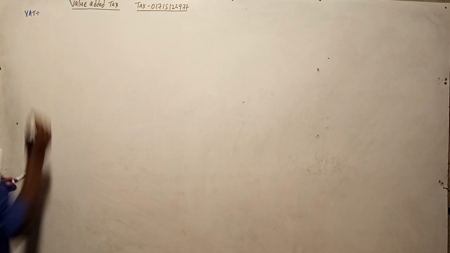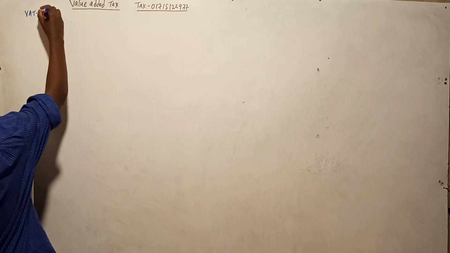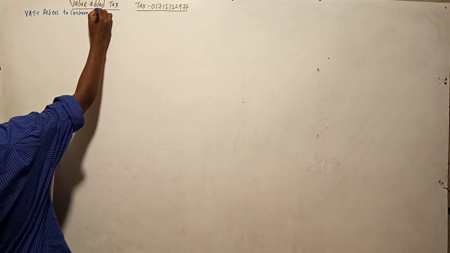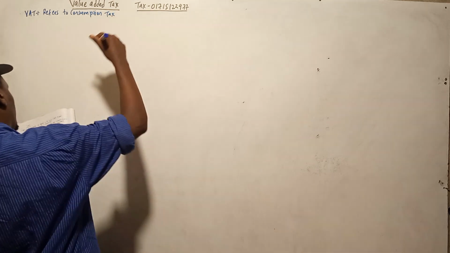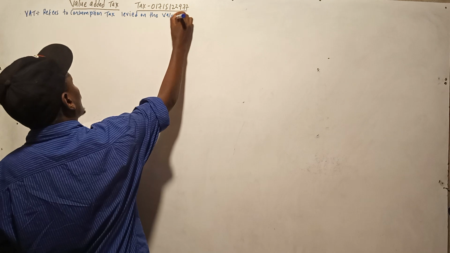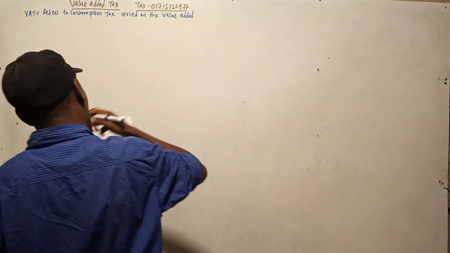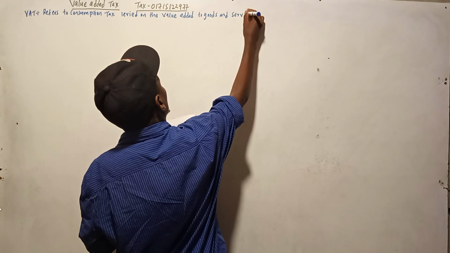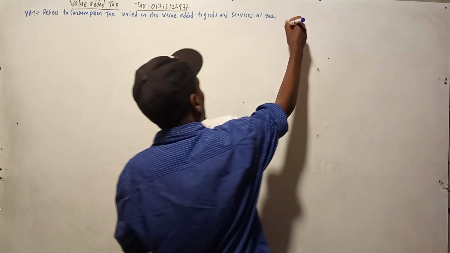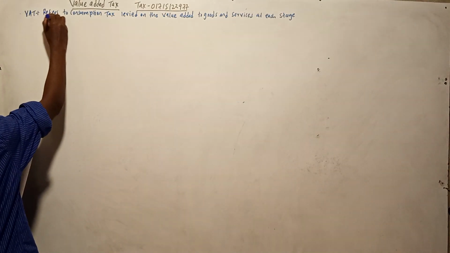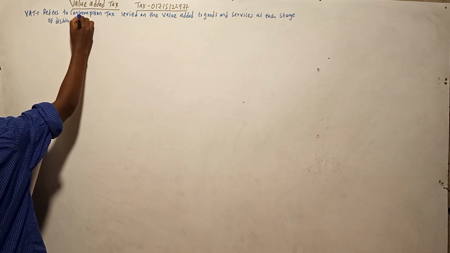We shall start with the definition of VAT, and we say VAT is a consumption tax levied on the value added to goods and services at each stage of distribution and production.